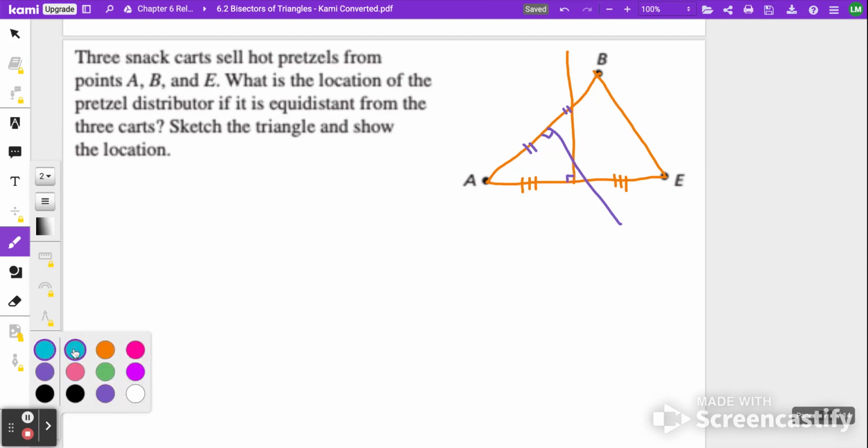And then our last one, B and E, also needs to have that perpendicular bisector, so we're going to assume it's probably about here, and I'm going to show that with 1 tick mark on each side, right angle here, and you can see that all 3 of them are coming in contact right here in the middle. So that would be where the circumcenter would need to be.